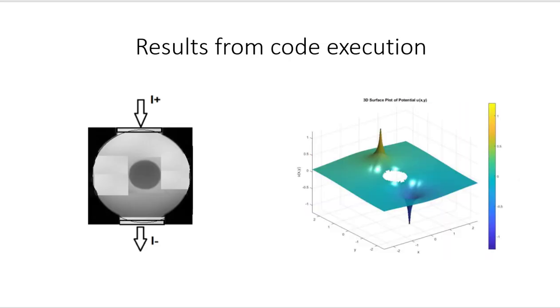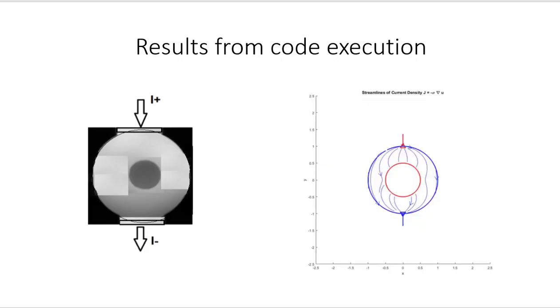We can visualize the potential here, and we can see here at the right hand side the current density through the object, the analytical pattern.